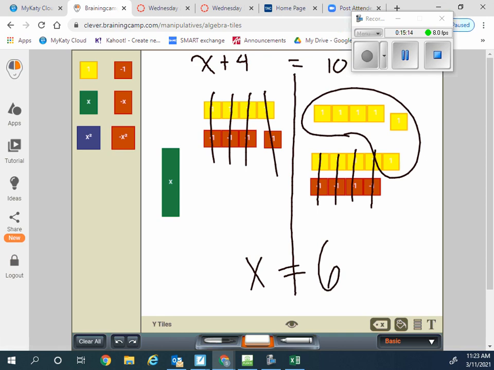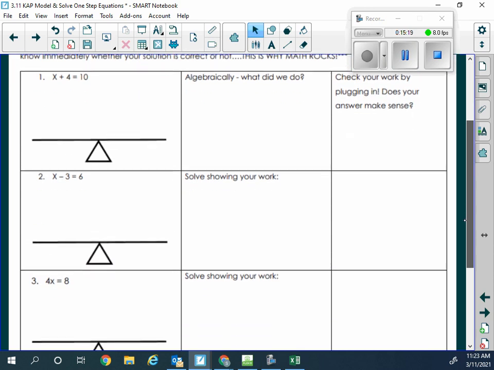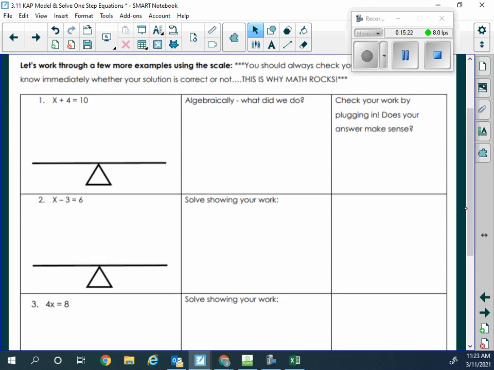Okay, so now let's go back to our paper, and now we're going to model it. If you have more than one color, that might be helpful. First, we're going to divide our scale and draw x plus 4, but now you're going to record it on your paper. You didn't record anything, because I told you just to watch. I did that in one color. Now I'm going to pick up a different color, just so that you can see the original numbers versus what you are doing.